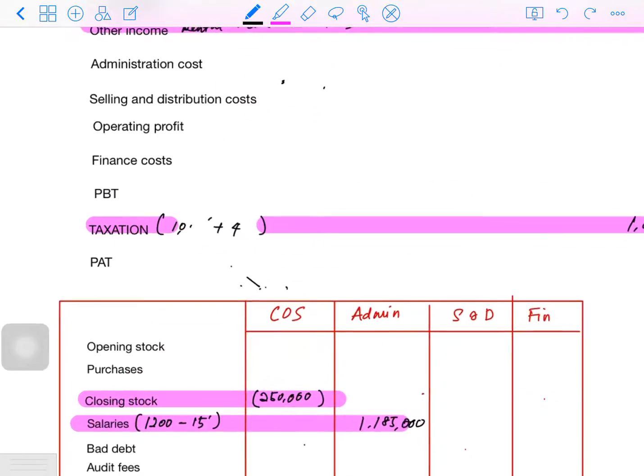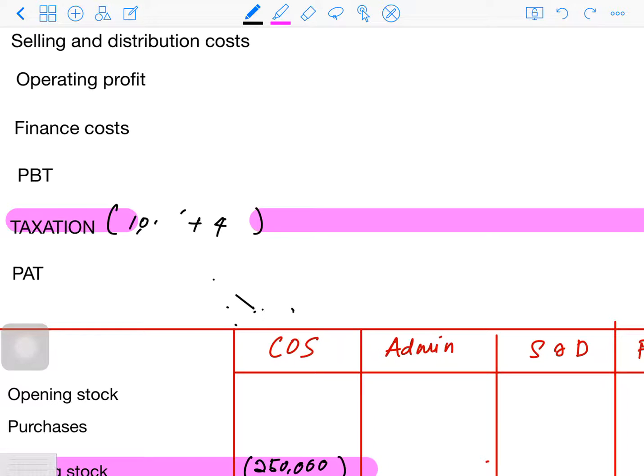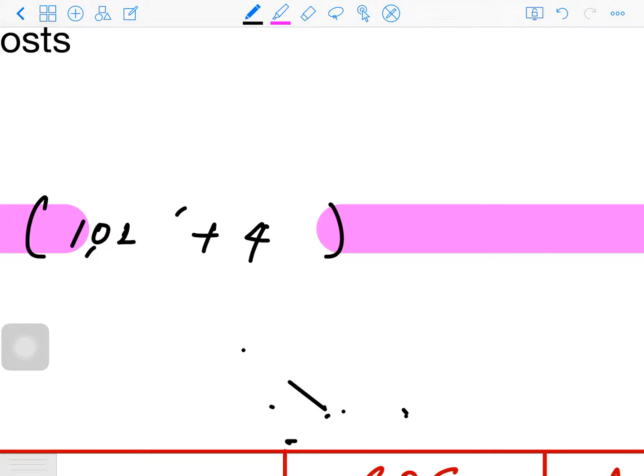So that means here 1040 49. Okay, so your 49 will be in your financial position, accrual, tax payable, which is this one, tax payable 40, tax accrued, tax payable 49.